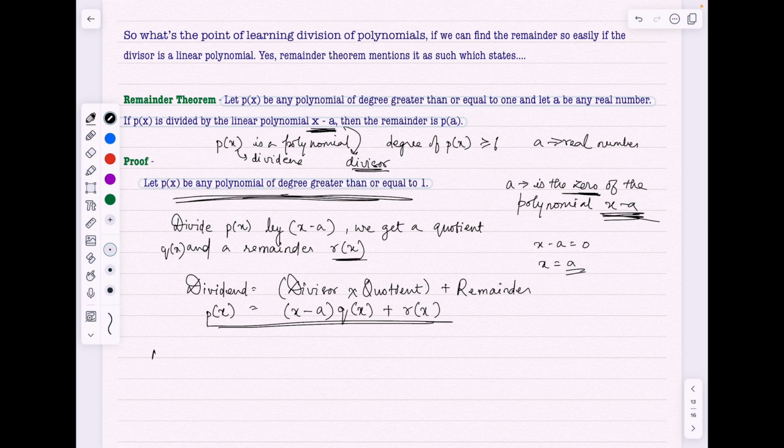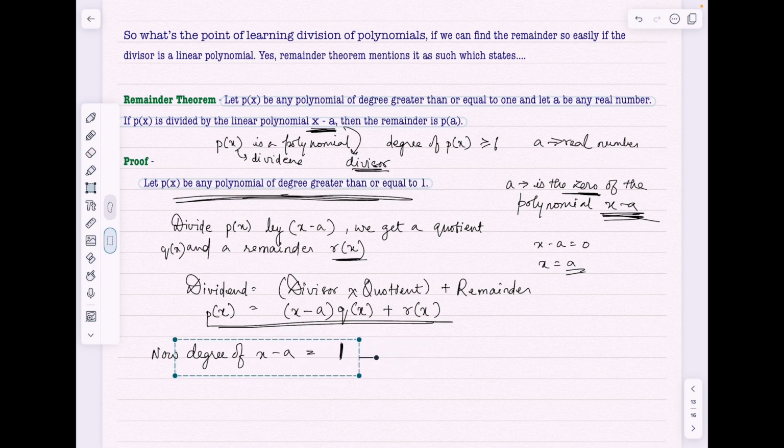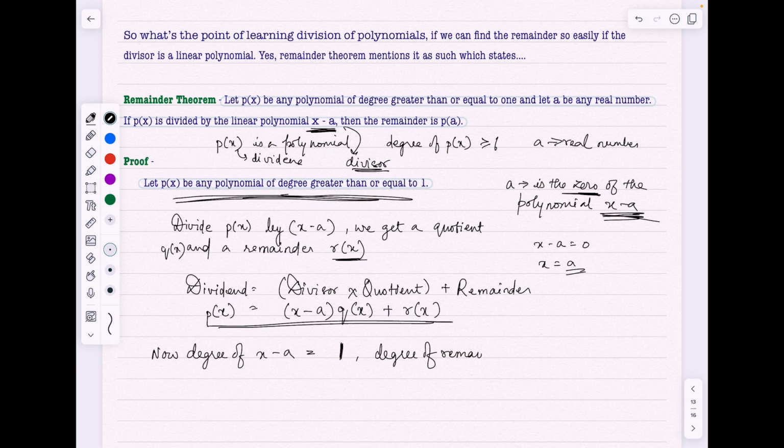Now the degree of x minus a is 1, and we know the degree of the remainder should be less than the degree of the divisor.